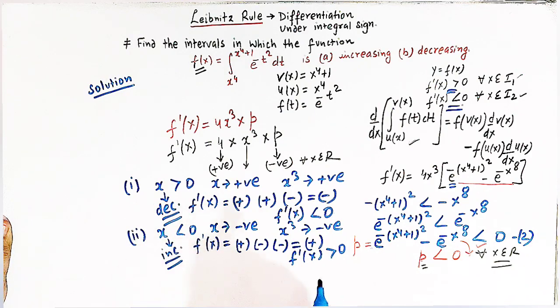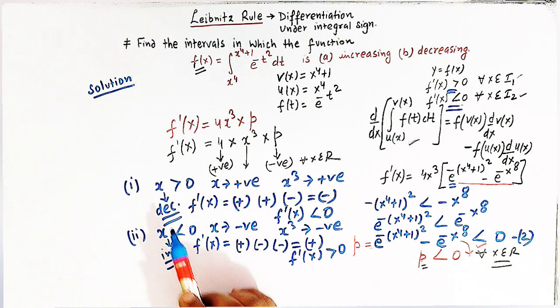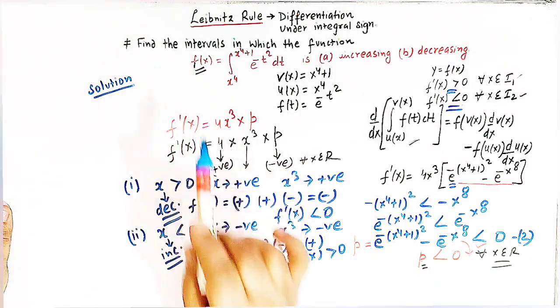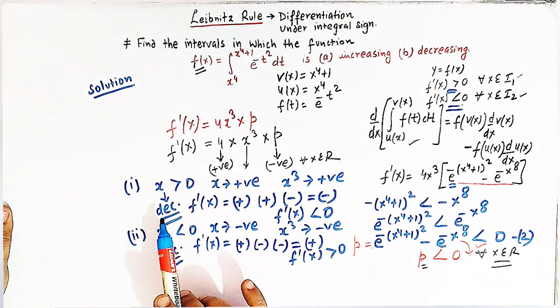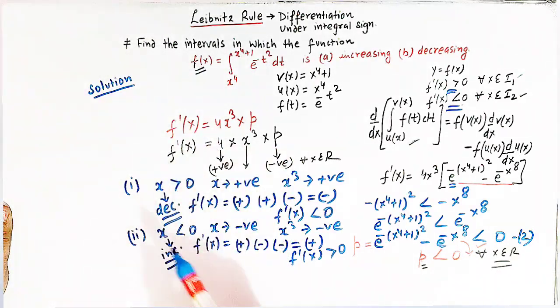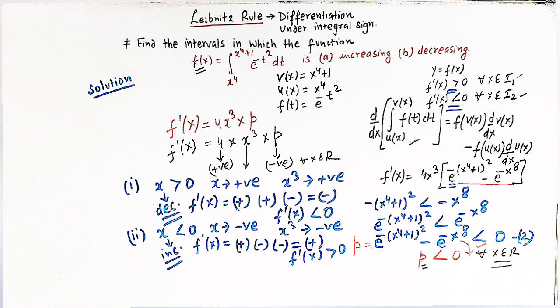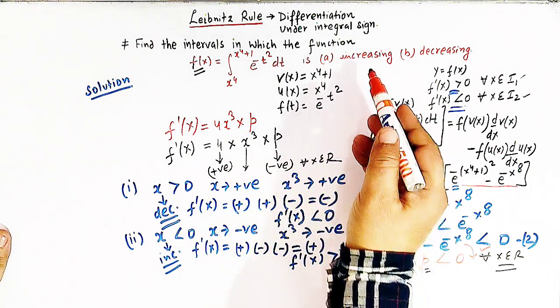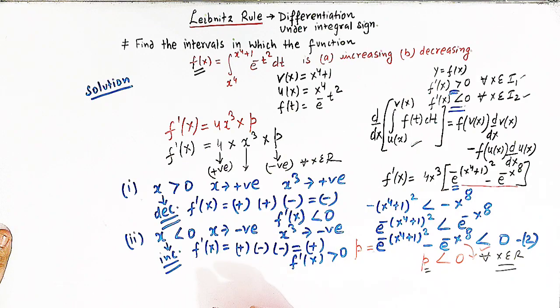So viewers, this is how, by making use of Leibniz rule, we see that when x is greater than 0, the function f of x is a decreasing function, and when x is less than 0, then the function f of x is an increasing function. So viewers, now we can write the intervals in which the function is strictly increasing and strictly decreasing.